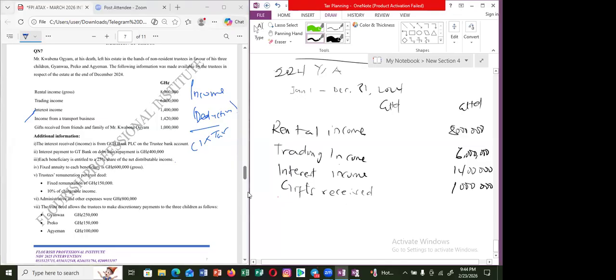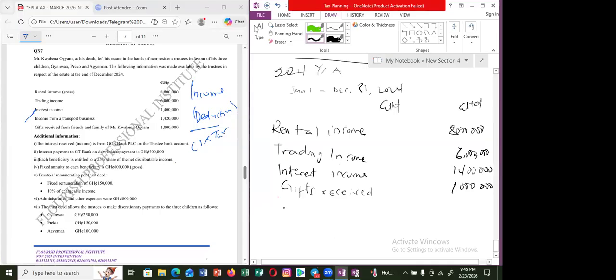Right. Now let's look at the additional information. It says the interest received is from GCB Bank PLC on the trustee bank accounts. Sorry, I skipped the income from the transport business by mistake, guys.